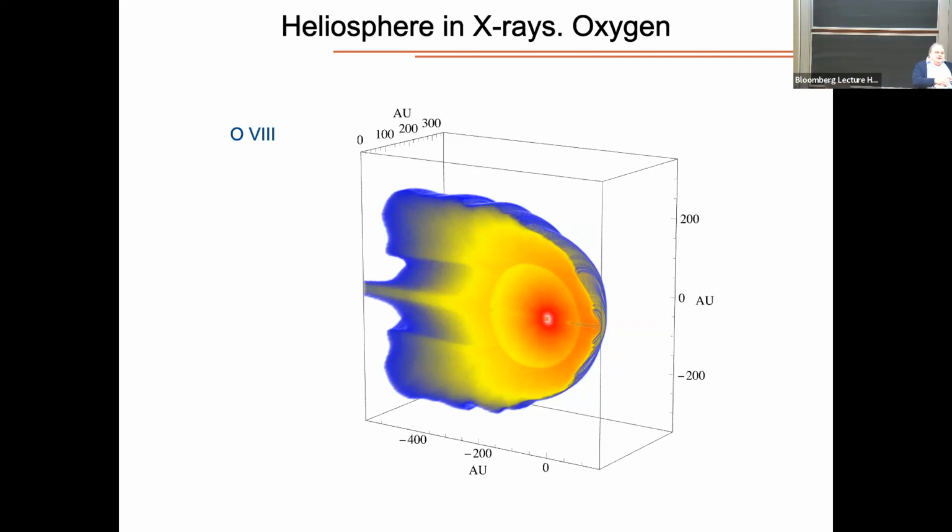Neutral oxygen is producing the O1 line, singly ionized is producing the O2 line, and so on. So O7 plus is producing O8. So that's how the production rate, if you like intensity, crudely looks from the outside, and then the cross section.